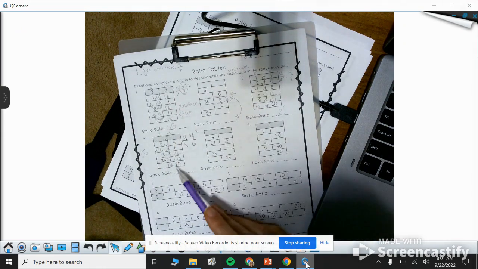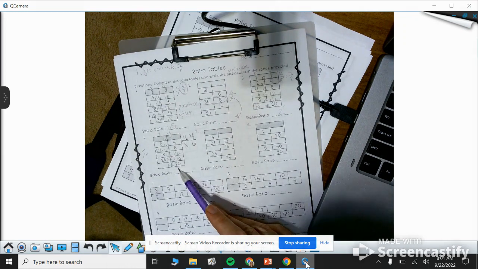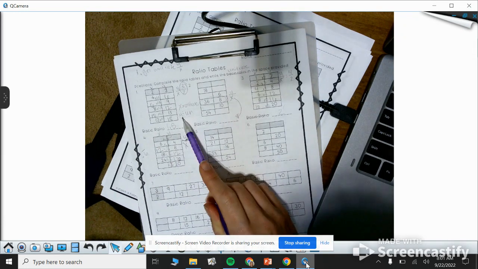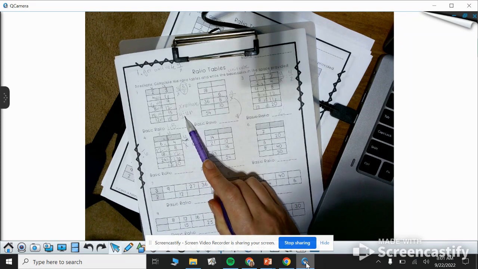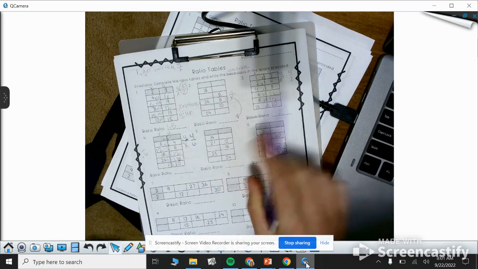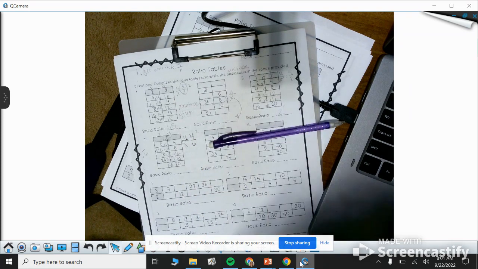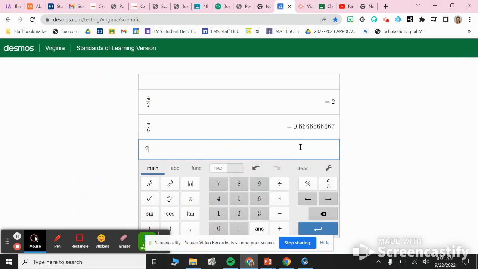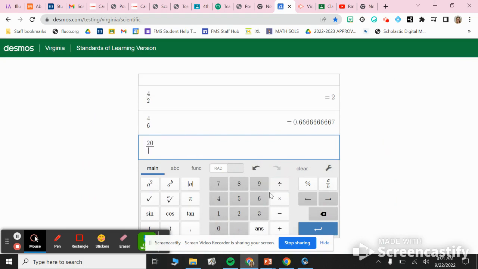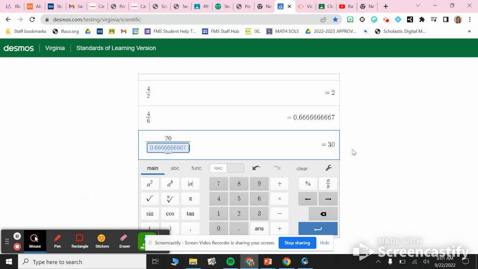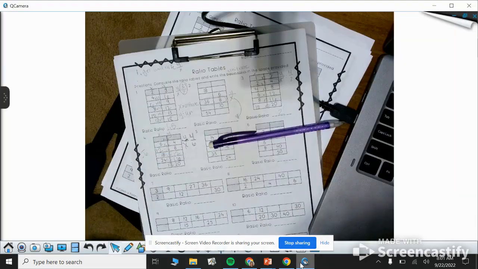Now what do I do when I have my y and I don't have my x? I do y divided by the unit rate. The unit rate is that ugly decimal that we're not going to be mean to. Okay, so I've got my y was 20 divided by the unit rate, and I get 30.